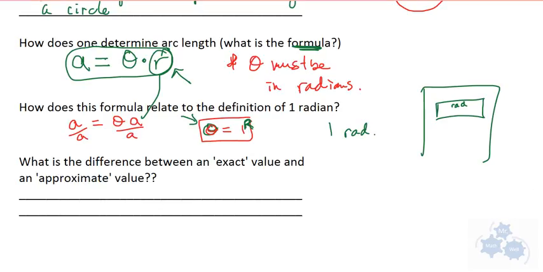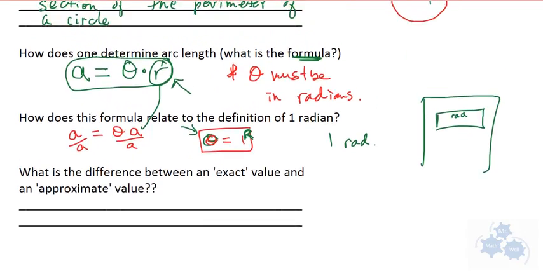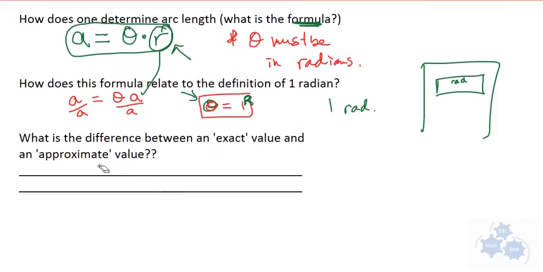All right, so finally, I think this might be the last thing on your page here. What is the difference between an exact value and an approximate value? This is going to be very important going forward in this class and in calculus. An exact value has more precision. It's more exact than an approximate value. Think of approximate as a rough estimate. An exact value is as precise as possible.